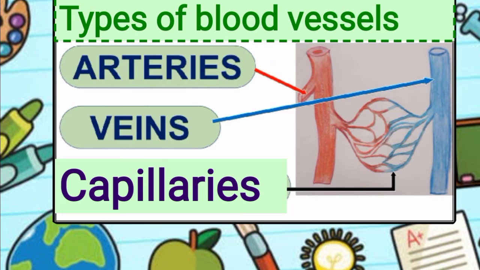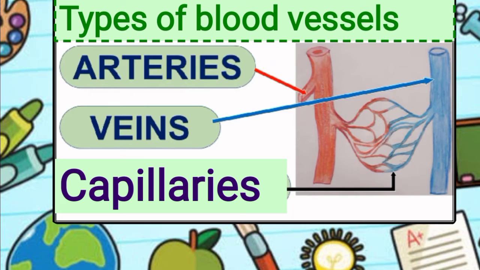And the smaller arteries that connect to capillaries are also blood vessels. Blood vessels that take blood toward the heart are veins, and veins get bigger as they go towards the heart.